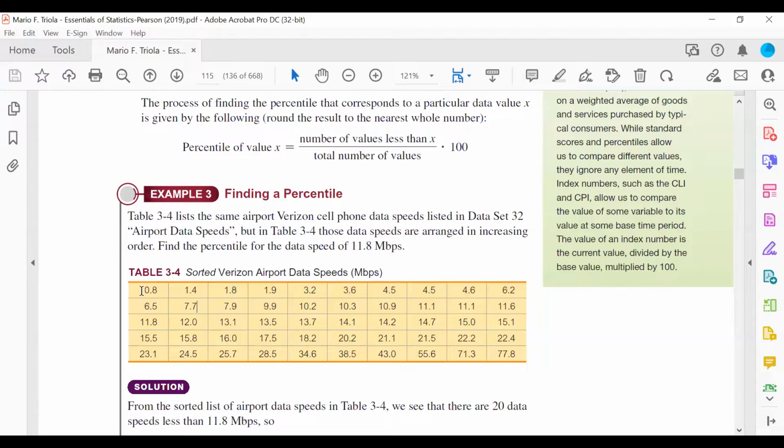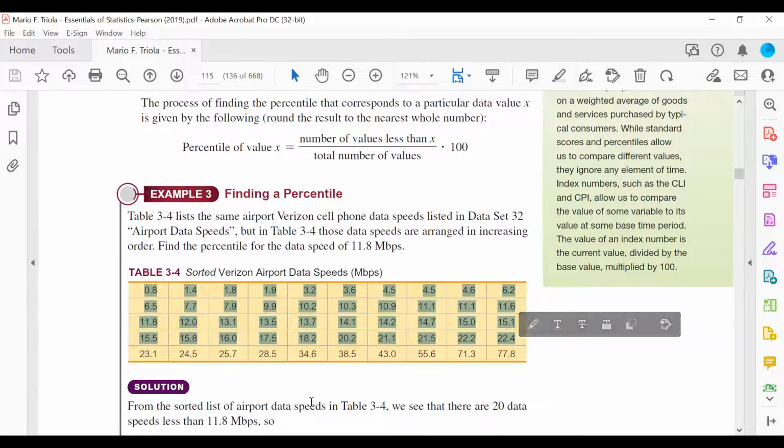Here we go: 10, 20, 30, 40. Yeah, 40. My answer is 22.4. That is the 40th value on the list. Boom. Done.